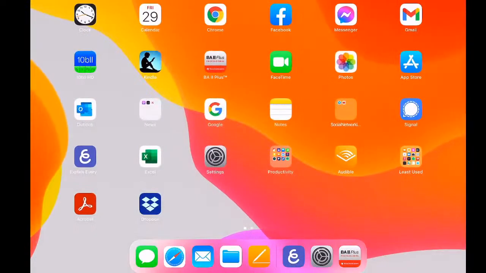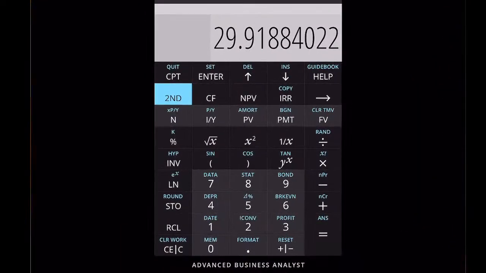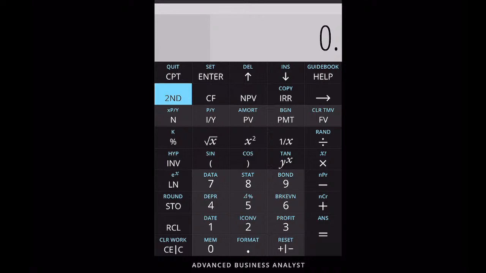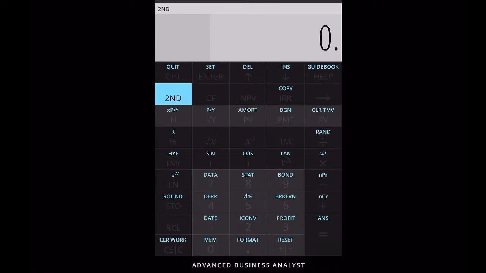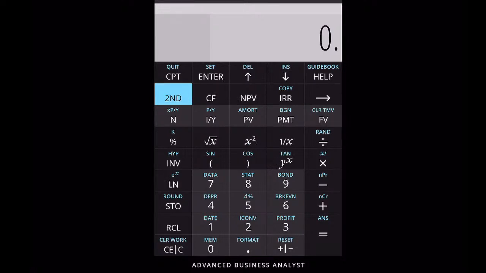So let's clear second, clear TVM. Now my TVM row is clear. Again, you don't have to do that, but as I'm instructing, I'm just reminding you that as long as you override every key with information, you should be fine.